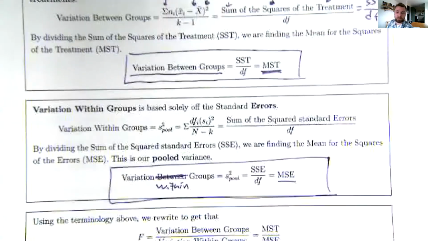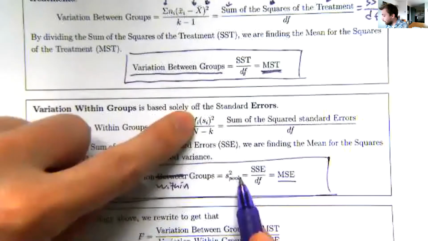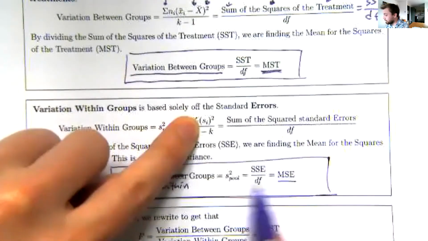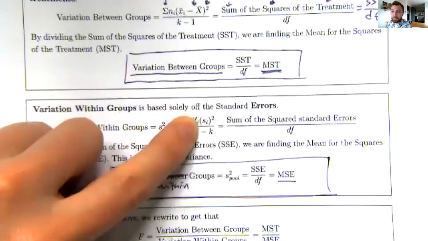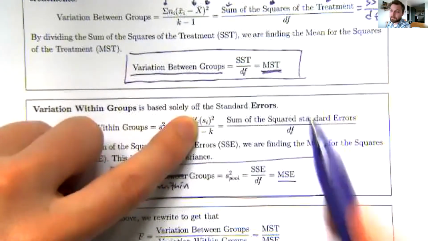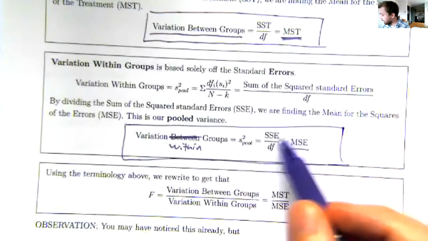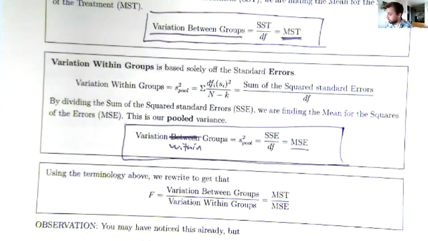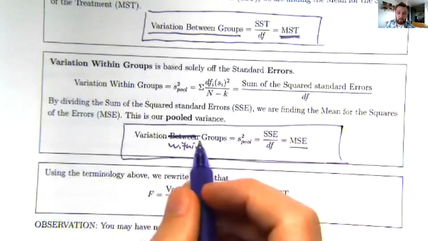It's how much things are spread out. And I can see that this is a weighted average of all of these individual variances. It's a mean of the squares of the errors. It's a pooled variance. So the mean of the squares is really saying I am pooling together my data, the SSE divided by the degree of freedom. So MSE is another way of saying variation within.